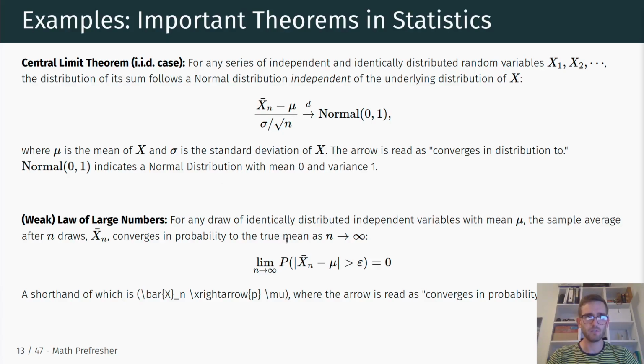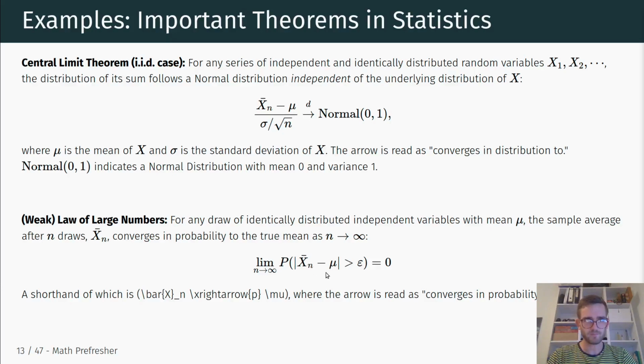Okay, so one way to express this using mathematical notation is we have the sequence of xn bar of xn's, and we're looking at the difference between xn bar and mu, specifically the absolute value of that difference, right?